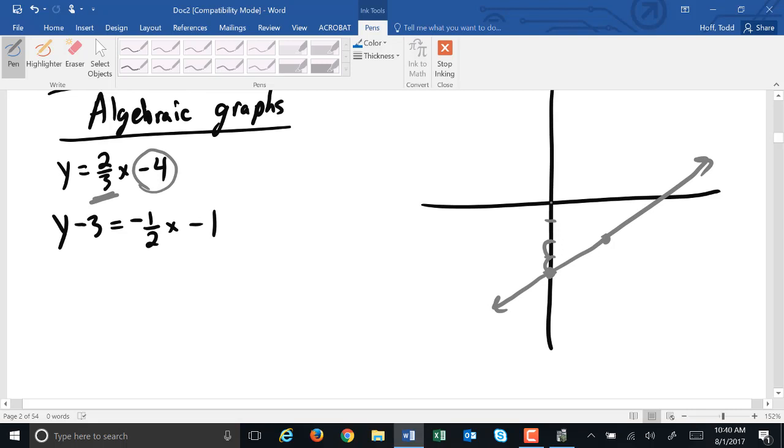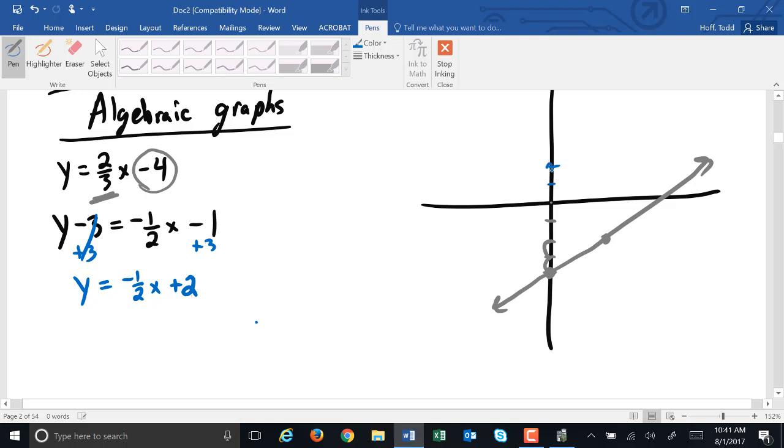Yes, we have to get rid of the negative 3, and we're going to do that by adding 3 to both sides. So adding 3 on the left leaves us with y. Where do we add the 3 on the right side? To the negative 1. So we've got negative 1/2 x. Negative 1 plus 3 is 2. So where do we start graphing that one?